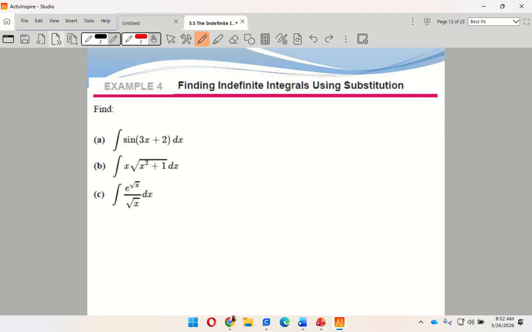U substitution is a puzzle, where we normally would have a chain. If I look at it and see that if I take the derivative, that would give me a chain rule, that right there is going to tell me I'm going to try and U sub that. So for my first one, integration of sine of (3x plus 2) dx.